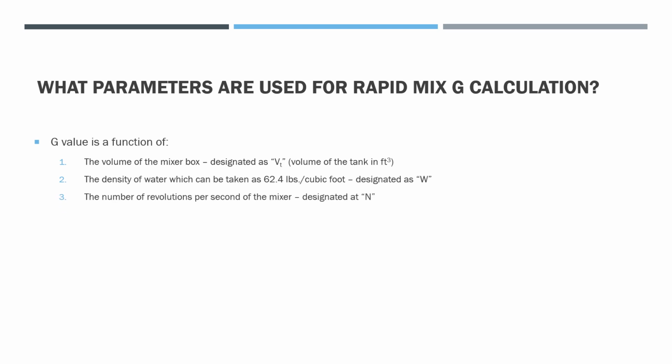We need to know the number of revolutions per second of the mixer. They usually give it to you in RPM, so you're going to have to divide by 60, and that you're going to designate as N in your formula. We need to know the diameter of the impeller in feet. We can designate that as D. We need to know the value for gravity, or G, and that's fixed at 32.2 feet per second squared.